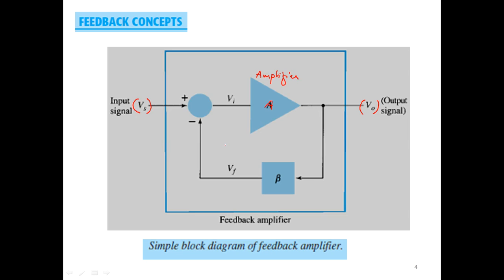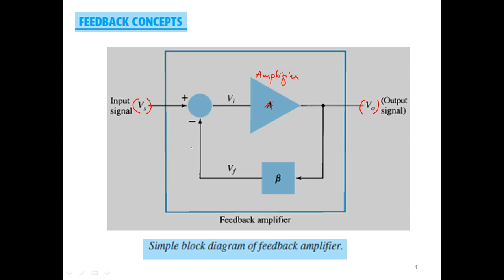It could be a fixed bias, a voltage divider bias, or a self biasing circuit. And the active device may be a JFET, a MOSFET, or even a BJT. But the point is the circuit should be an amplifier circuit with a gain A.